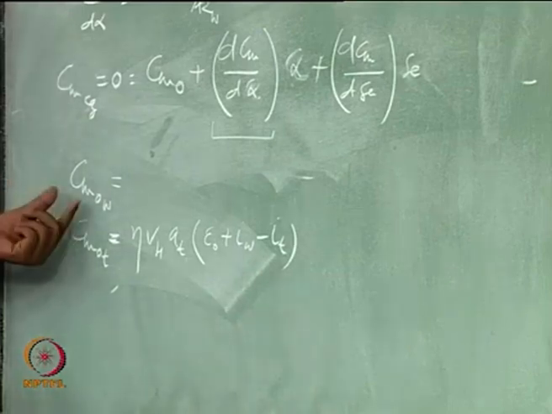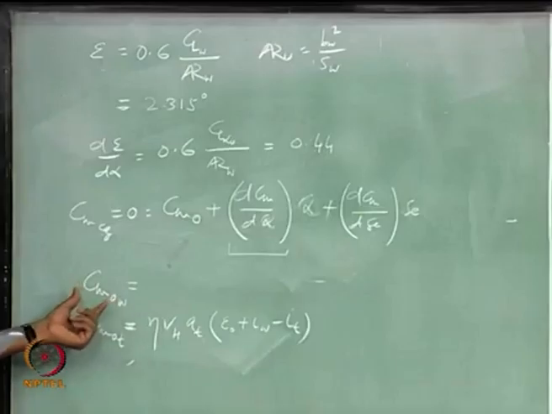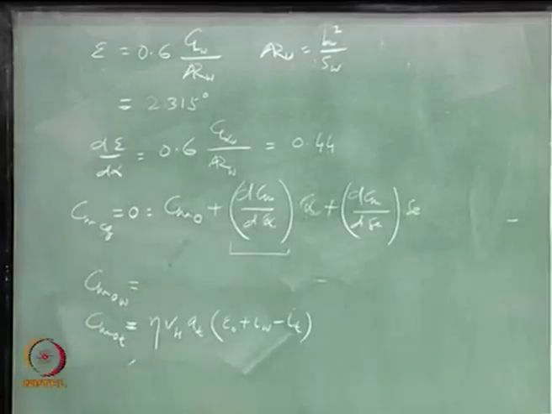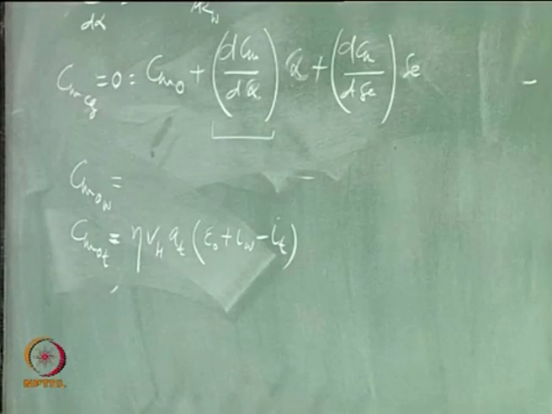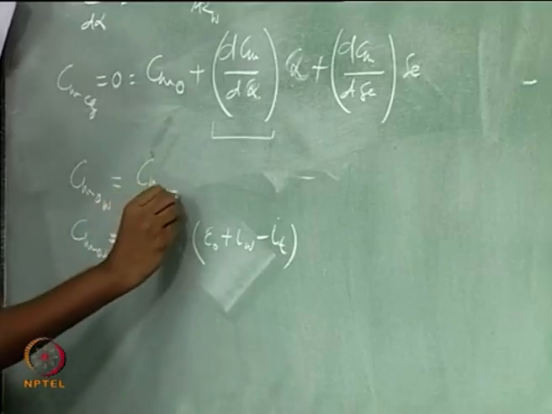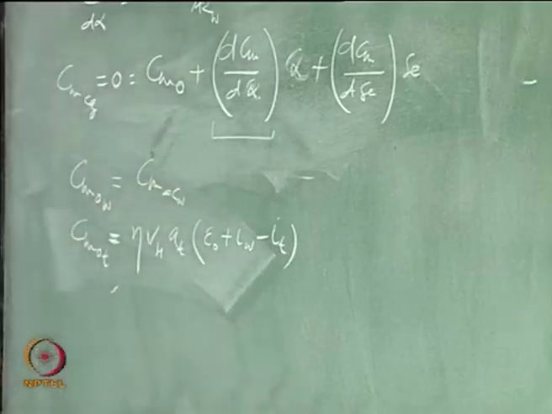Now, this Cm naught W will have two components, right. One is Cm AC W, what is given here actually, plus CL naught W. So, actually this quantity is that.